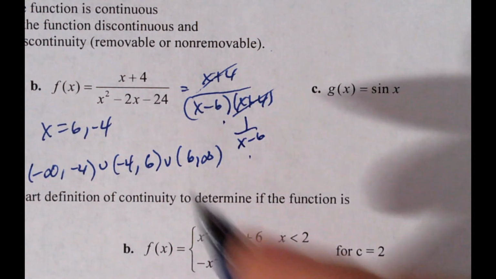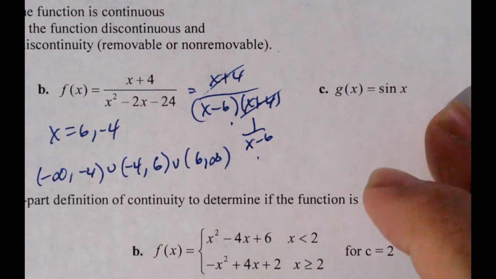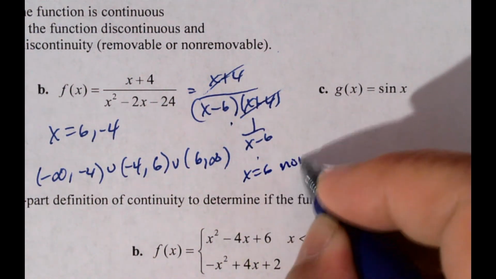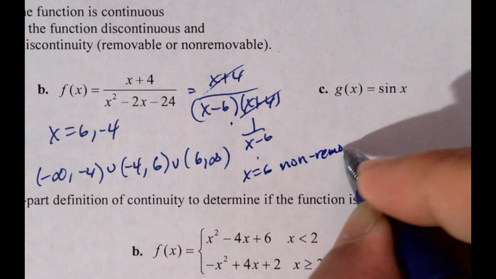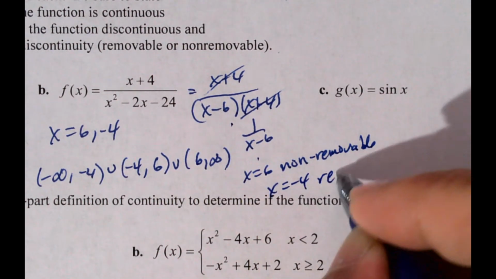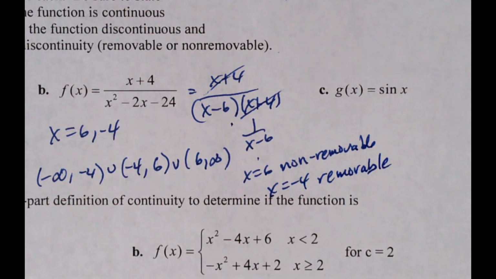Let's write that out. x equals 6 is non-removable, and x equals negative 4 is a removable discontinuity. That's example B.